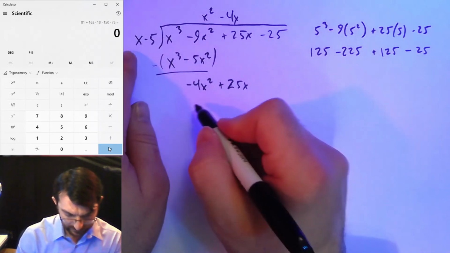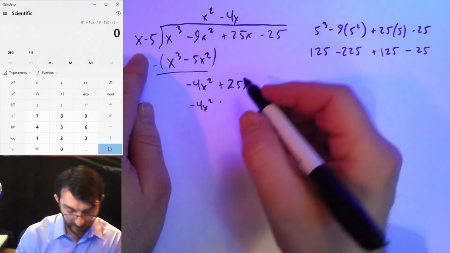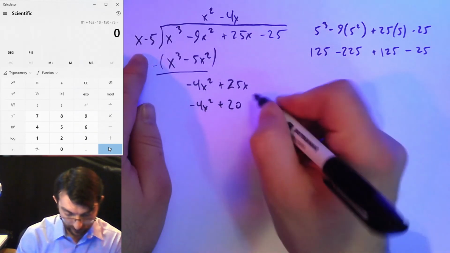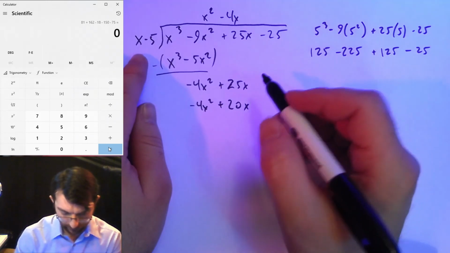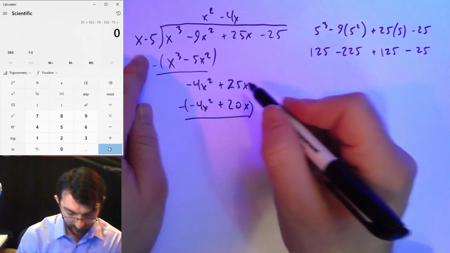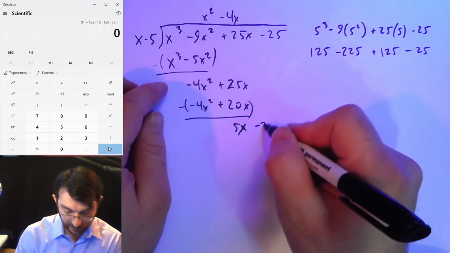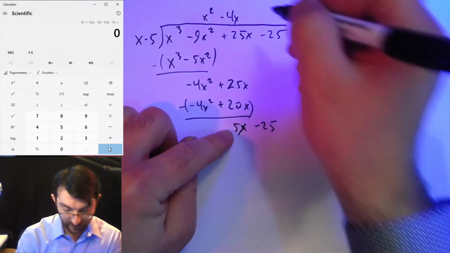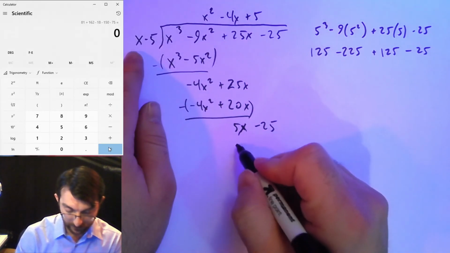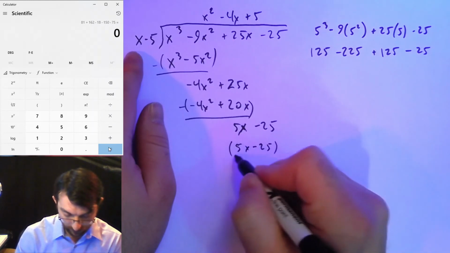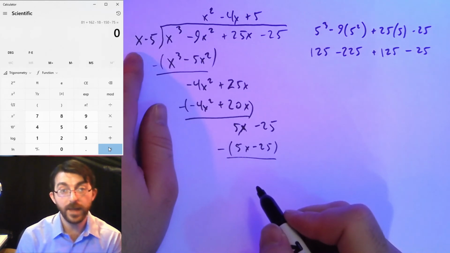Negative 4x times x minus 5 is that plus 20x. 25 minus 20 is 5. That's 5x. Bring down minus 25. X goes into 5x 5 times. 5 times x minus 5 is 5x minus 25. It's all gone. So that's the quadratic, all right?